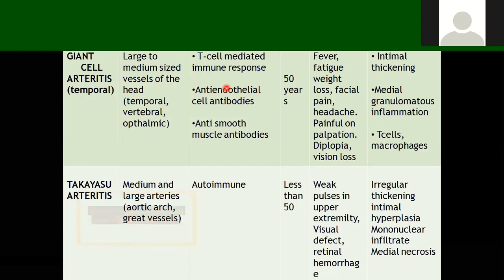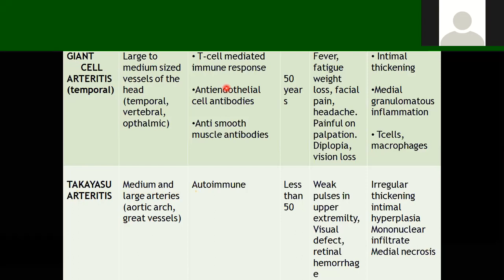And then the thing to worry about is vision loss, that is the involvement of the ophthalmic artery. So what will you do if these symptoms are present? You will go straight to doing an ESR. If ESR is raised, it means that this is temporal arteritis, and you can start treatment, or in equivocal cases, you can do a temporal artery biopsy to confirm that it is temporal arteritis.